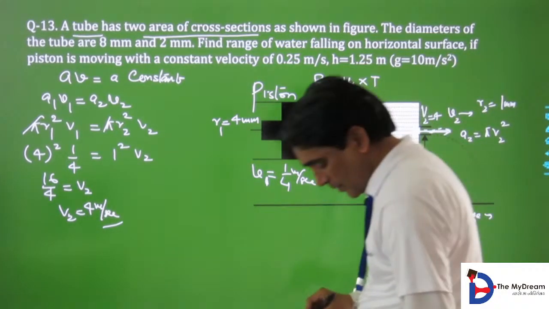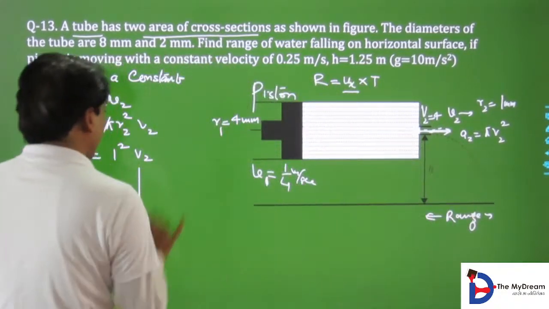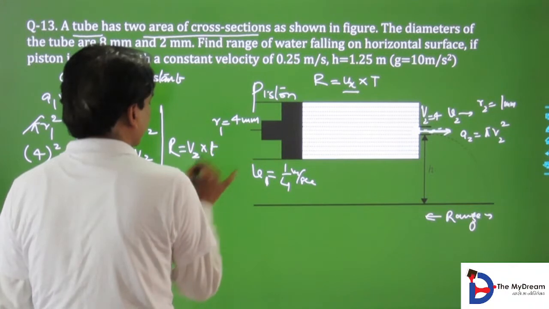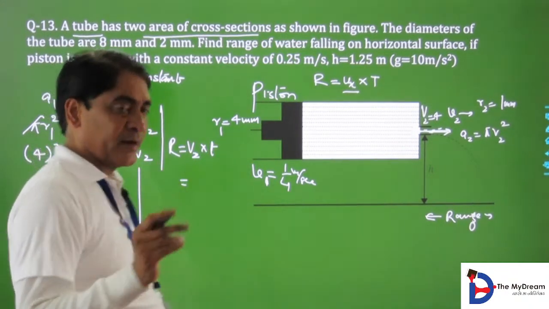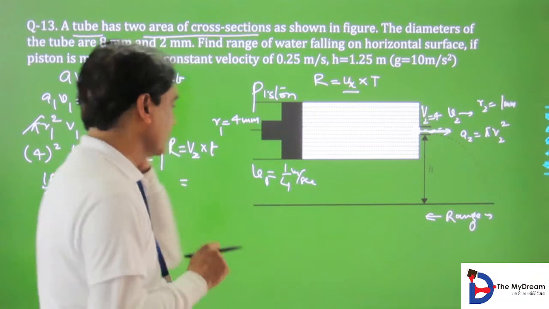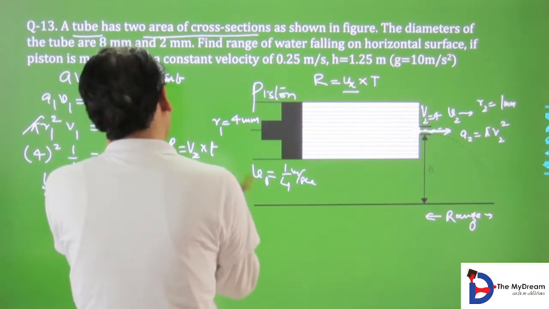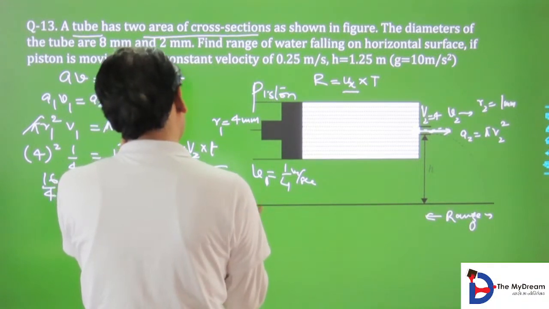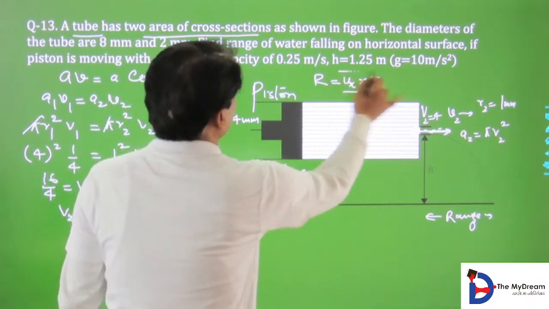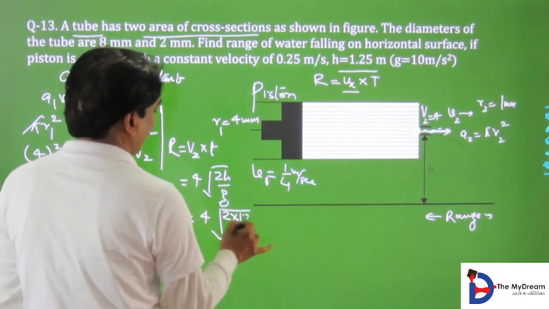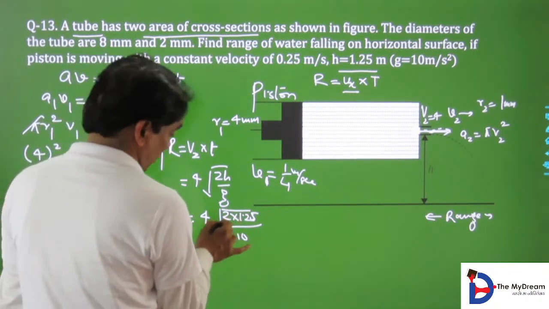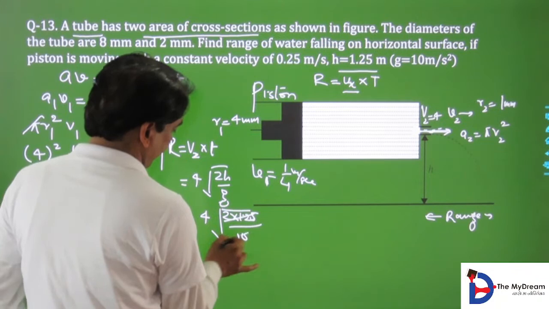And simply you can say range is equal to V2 into T. As I told you before, when an object is thrown from a certain height horizontally, then T is the square root of 2h by g, and the height is 1.25, so 1.25 into 2, that is 2.5, divided by 10.